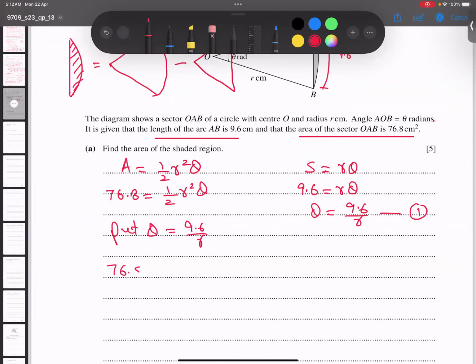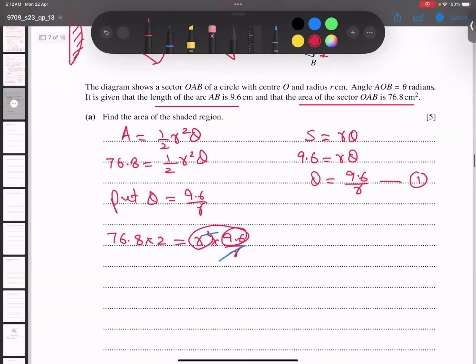76.8 into 2, this 2 multiplies there, and I get r square into 9.6 over r. This r cancels the power, and this 9.6 multiplying with r will go and divide. So r turns out to be 76.8 into 2 divided by 9.6.